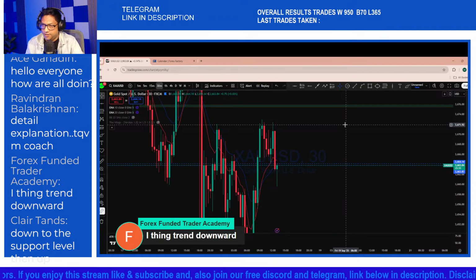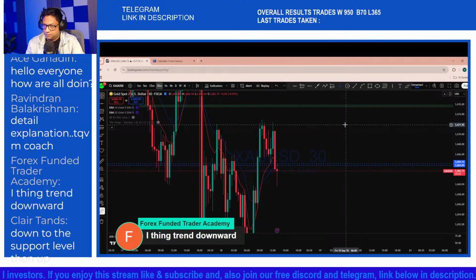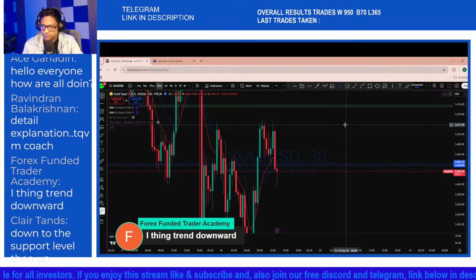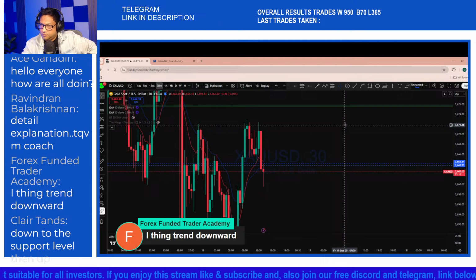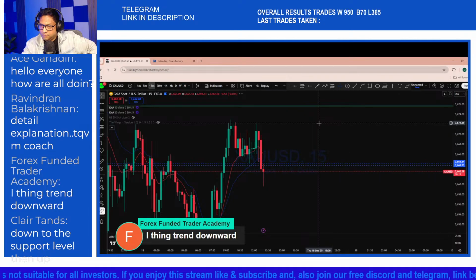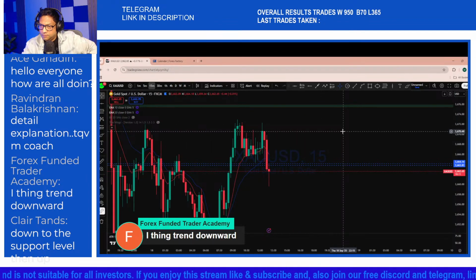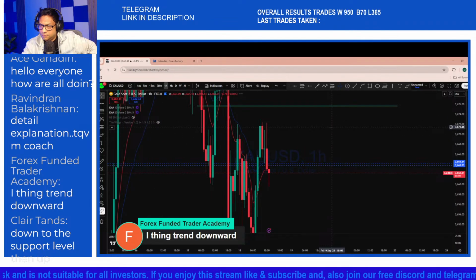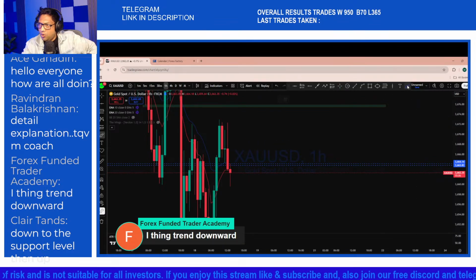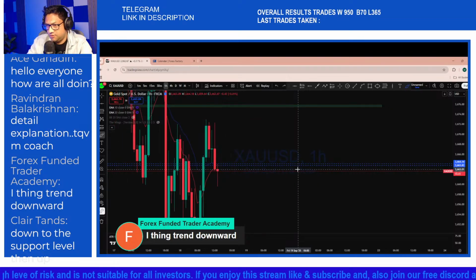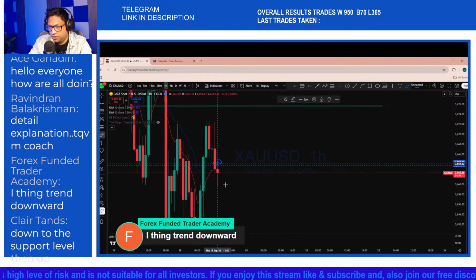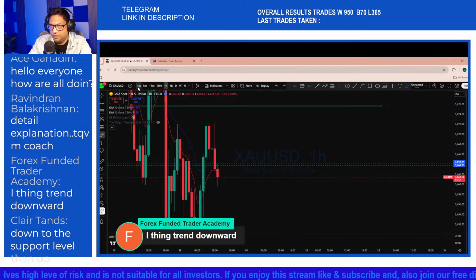It's being reacted here. With a 1 hour bearish engulfer, the market from this liquidity zone, you can see it's got that rejection again.